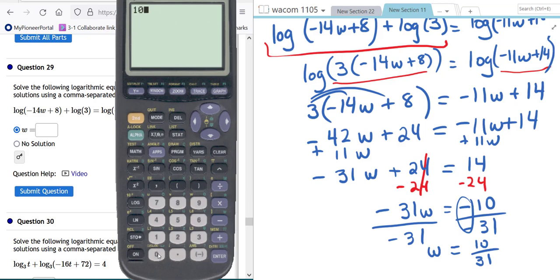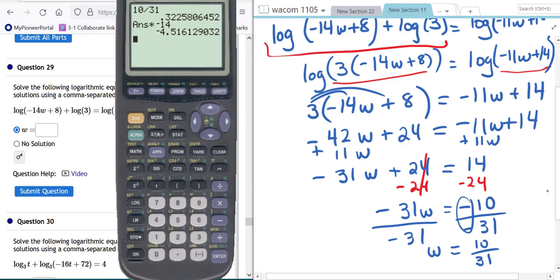So 10 divided by 31. Enter. And that is times negative 14. And that gives me negative 4.5. I'm adding a positive 8, so it's okay. 8 is bigger than this. So that piece of it's okay.